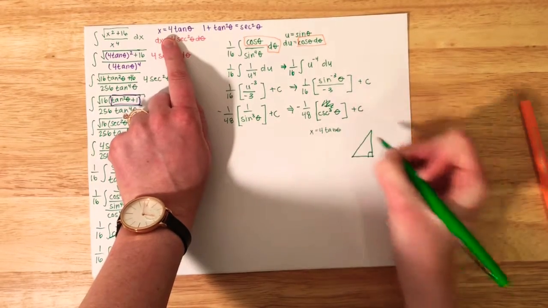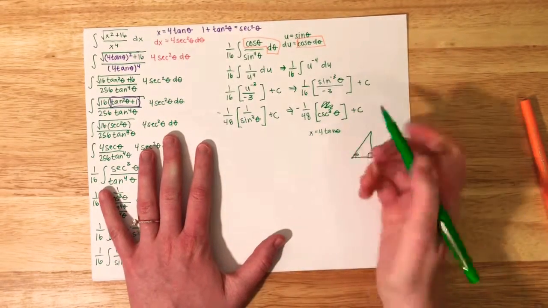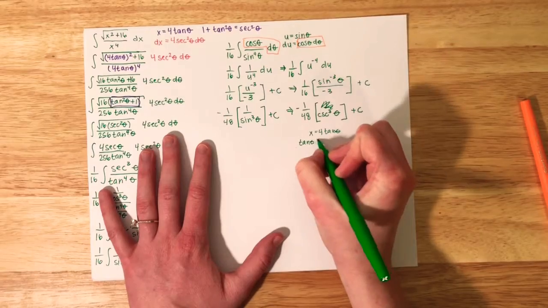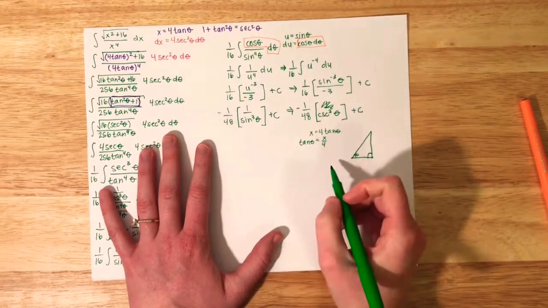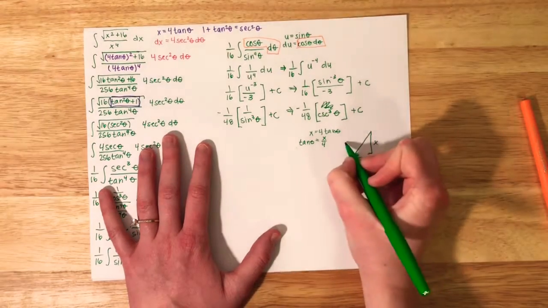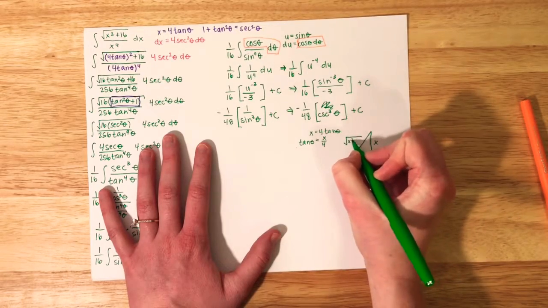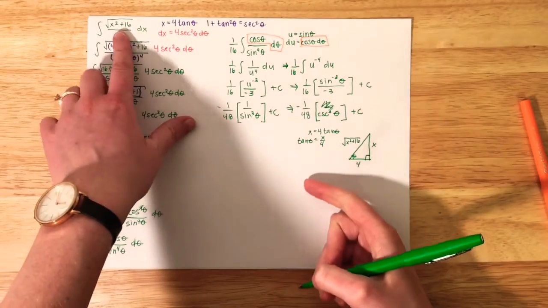So let's solve for theta so we can kind of figure out these different sides, right? So tangent theta is going to equal x over 4, and tangent is opposite over adjacent. So the x is going to be here, 4 is going to be here, and this is going to be the square root of x squared plus 16, which is what we substituted for.